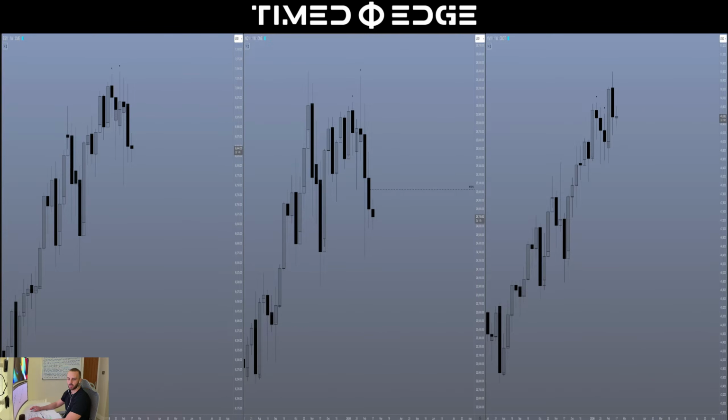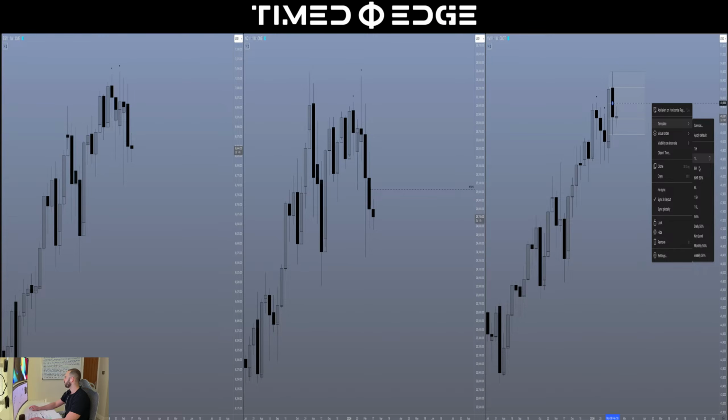So wick below, close above 50%. Like I say, it's not always the case, but there are definitely levels you want to keep in mind, or I keep in mind anyway.